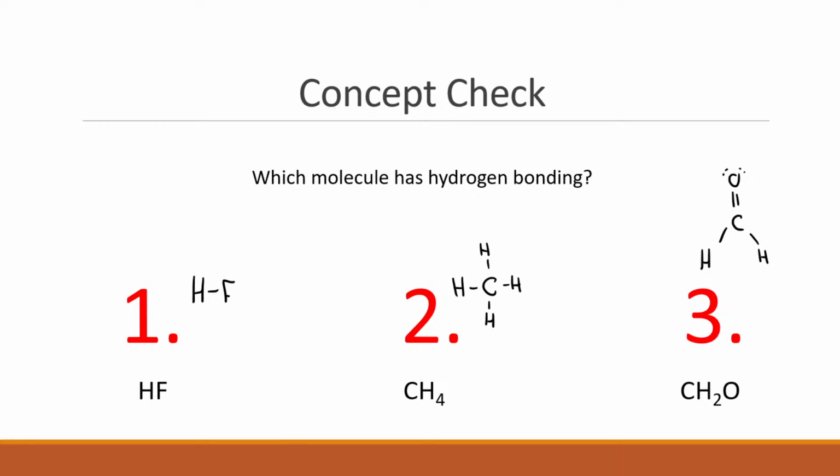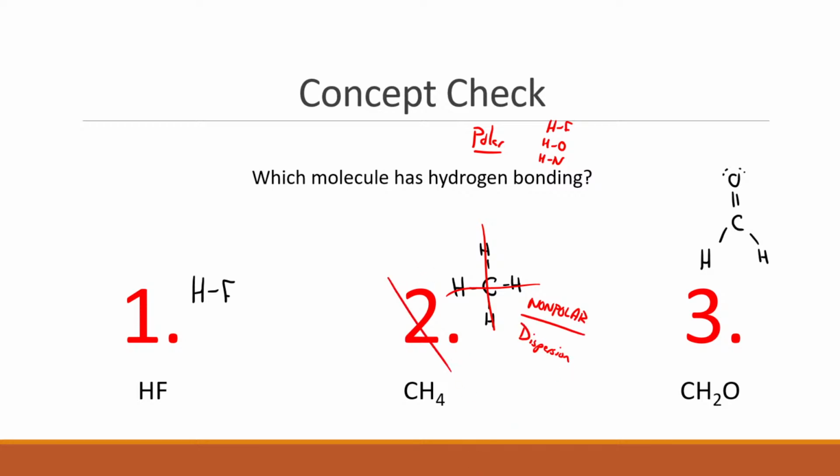For a molecule to have hydrogen bonding, we are looking for 2 things. We are looking for a polar molecule, and we are looking for HF, HO, or HN. Choice 2 is a non-polar molecule, which means it has only dispersion forces.